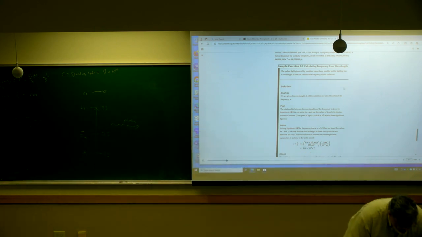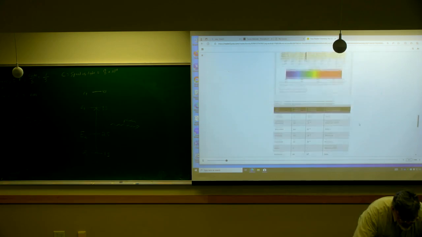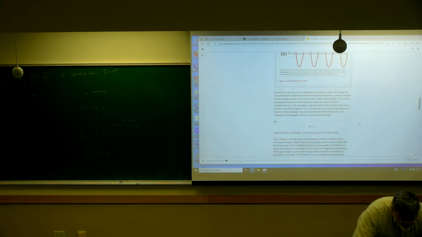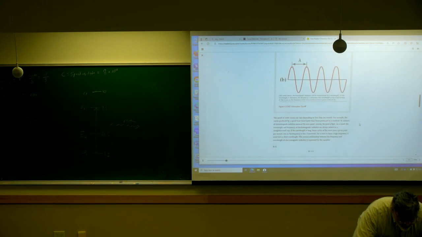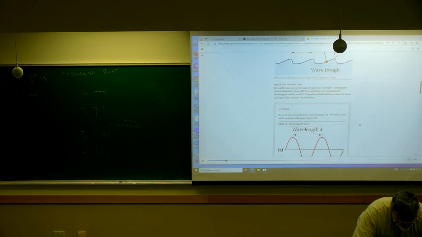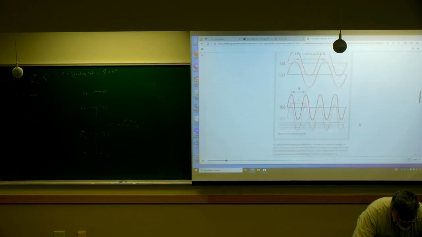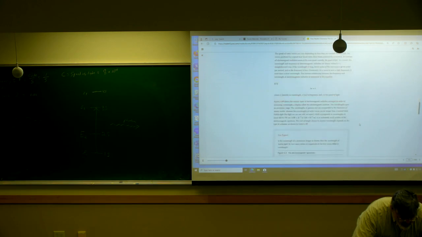I need to see what units they give us. 7.99. I think they use 8. Do they not give it to us here?